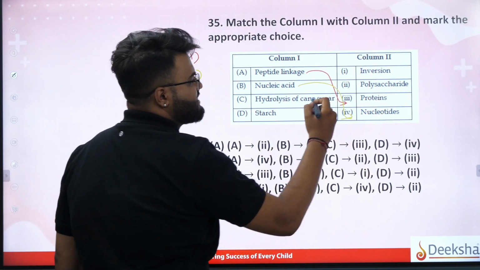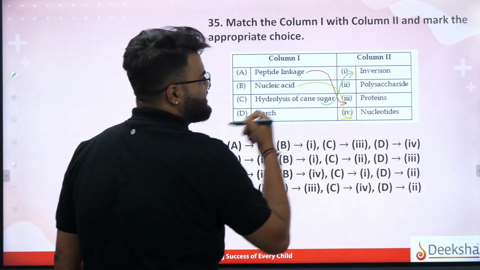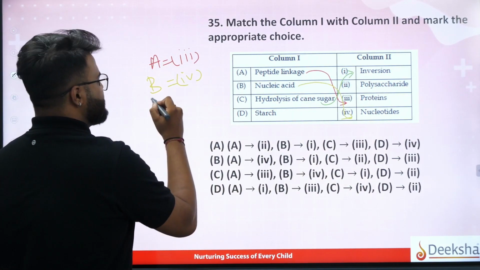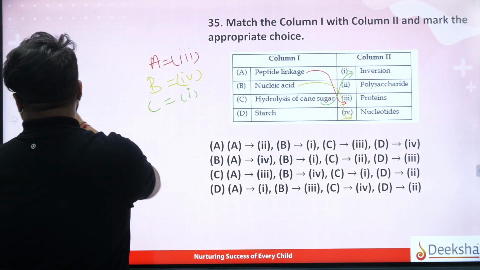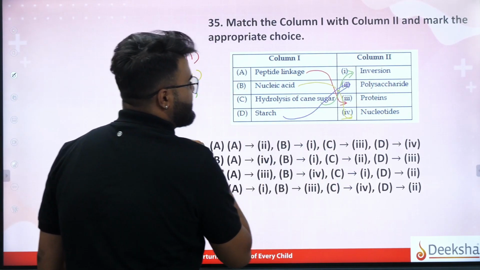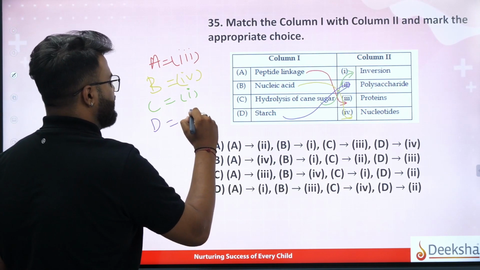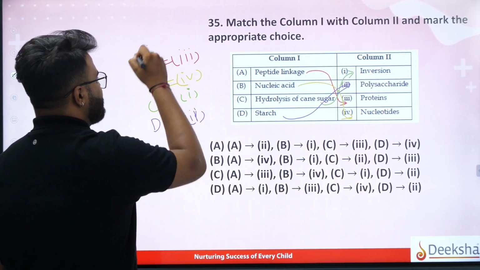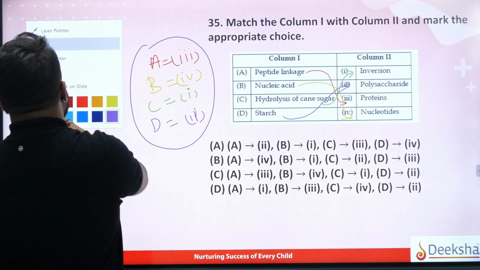Hydrolysis of cane sugar is inversion, a definition of inversion, so C is 1. Starch is a polysaccharide, so D is 2.